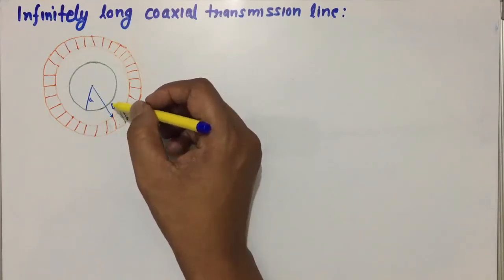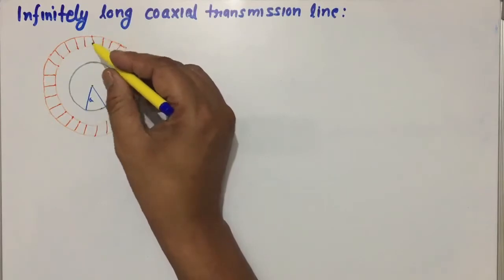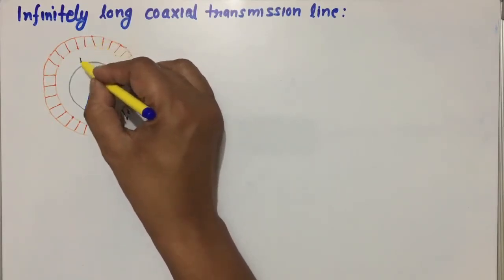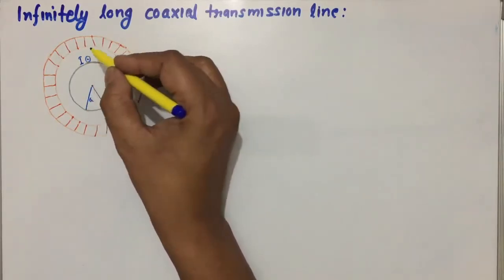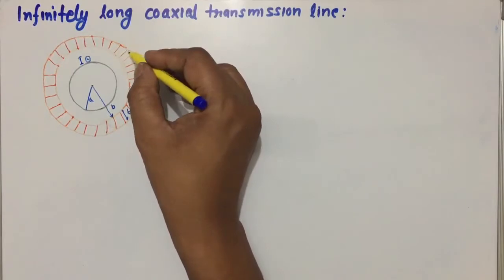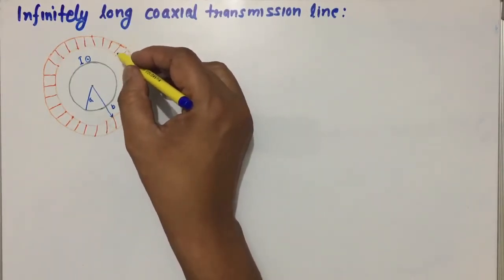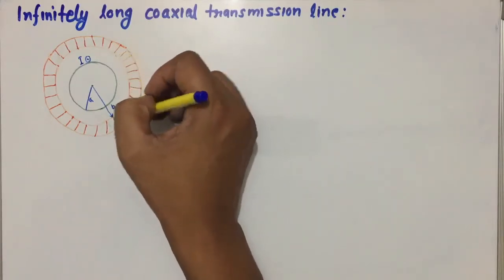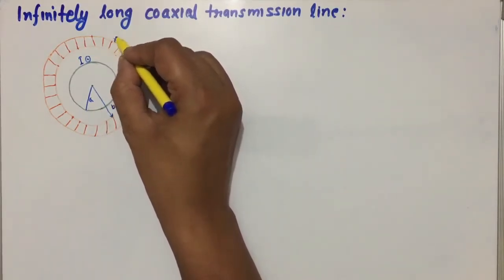And if the inner conductor is carrying the current I, and if this current is considered as going inside, then the current in the outer conductor should be coming outward.